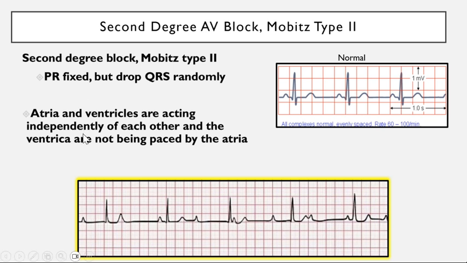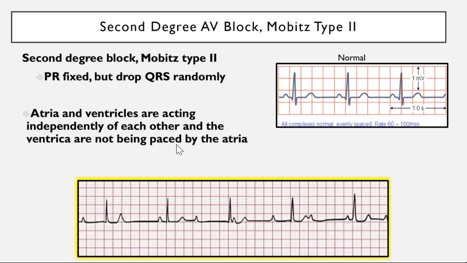Atrial and ventricular are acting independent. What's going on here is that the heart is being stimulated. You're supposed to go from the SA node, contract the atrium, AV node, which contracts the ventricle, right? And there's that order. The SA node stimulates the AV node, right? The upper left corner stimulates the middle, and you have a flow through the heart. The problem is that they're acting independent of each other, and the atria isn't regulating the ventricle contraction.